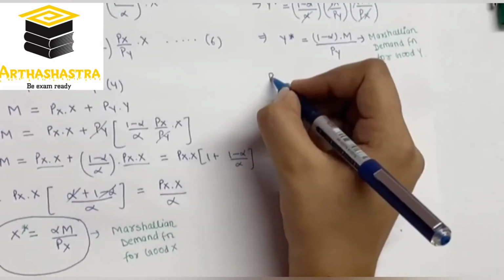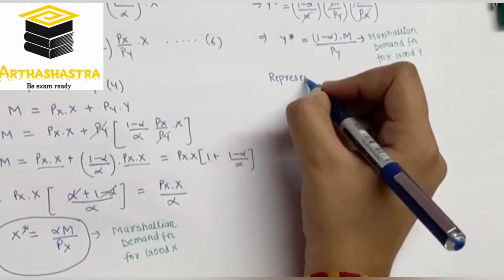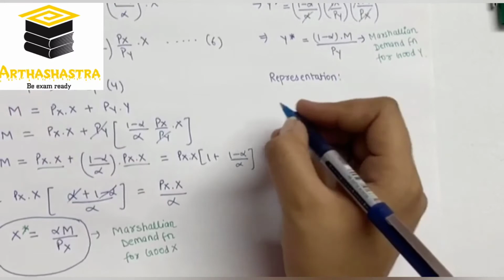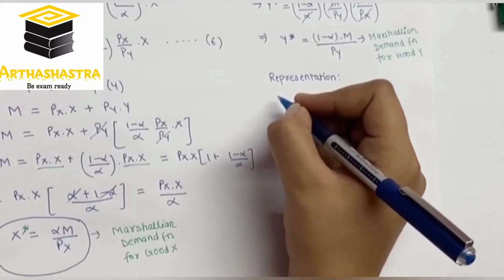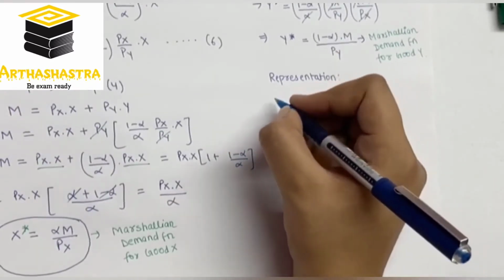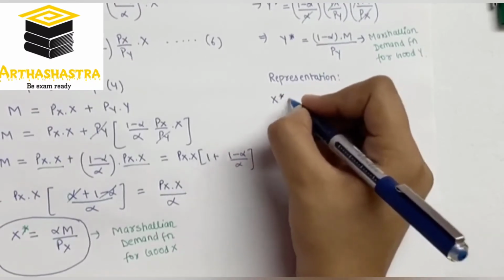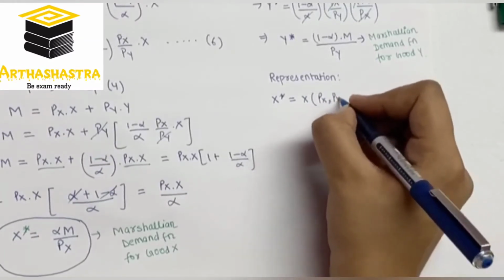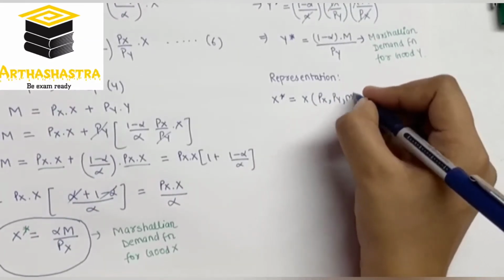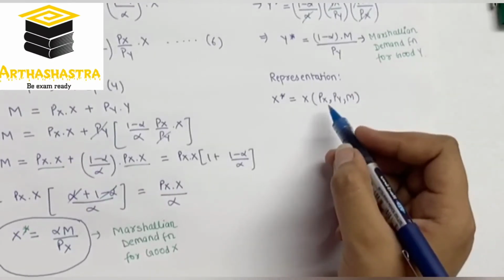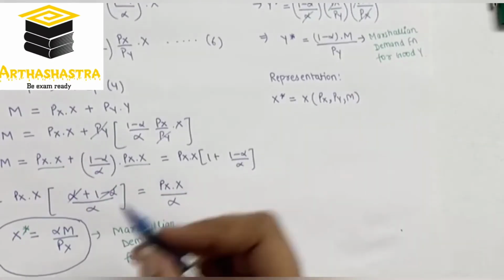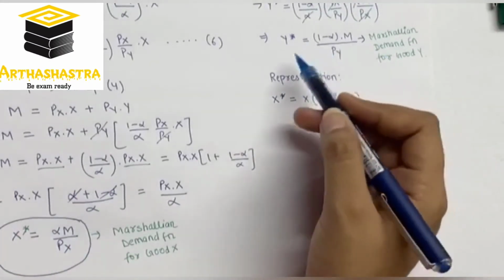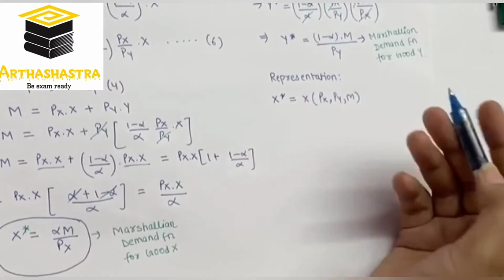How do we represent that? We represent ordinary demand functions or Marshallian demand functions as x star, where x is a function of px, a function of py, or a function of m. So this is our demand function and it's a function of m and px. This is our demand function, it's a function of m and py.